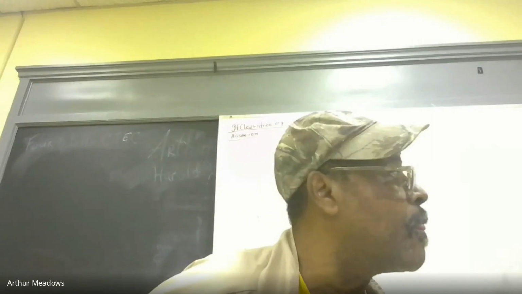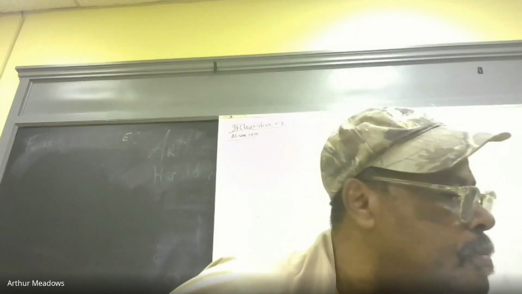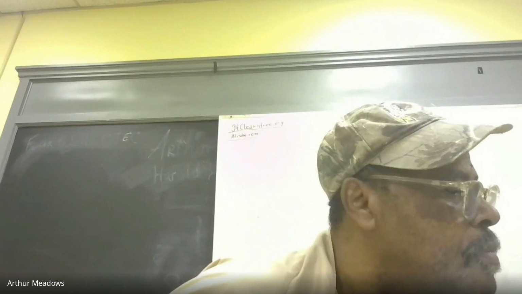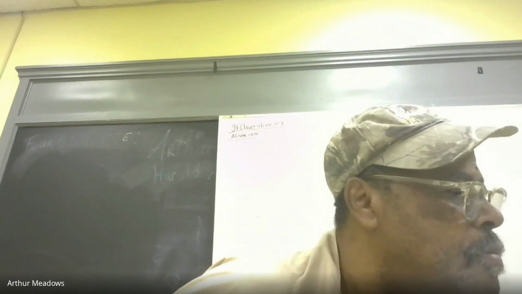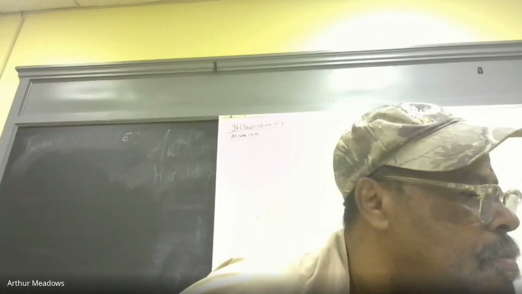Hey, Mr. Meadows. Yes, sir. Can I ask you this question though, right quick? It's on subject, but it might be off subject. When you see down here, when you go to the pound, it says 16 ounces. But if you got an ounce at 28.35, why just say strictly 16?